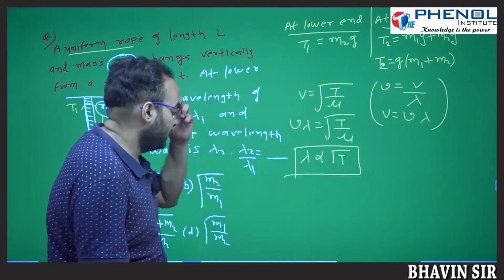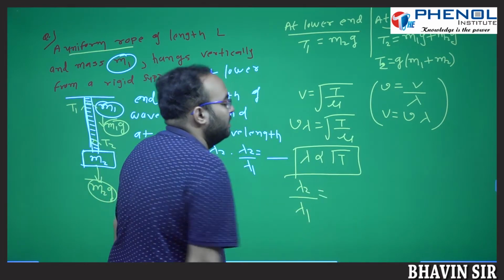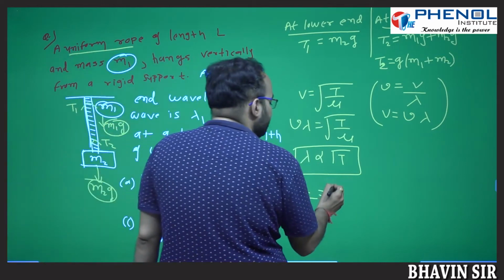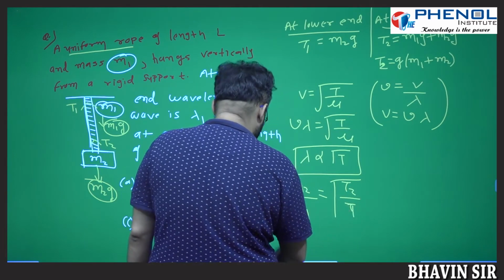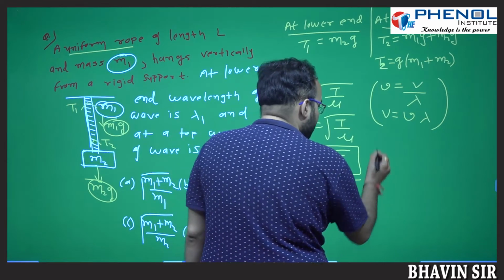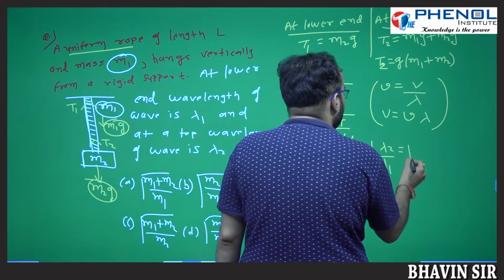Chalo. So lambda 2 means wavelength of the wave at the upper end. Lambda 1 is the wavelength of the wave at the lower end. T2 is the tension at the upper end, T1 the tension at the lower end. Chalo, so what is the answer? Lambda 2 by lambda 1.